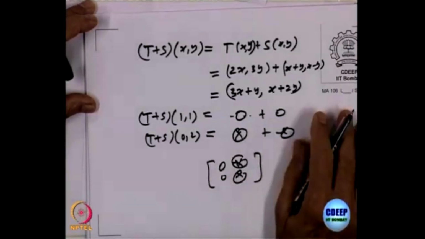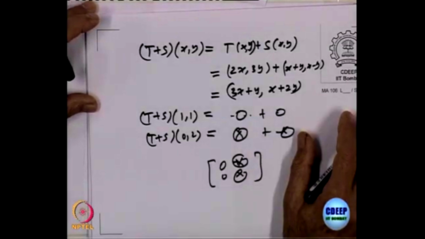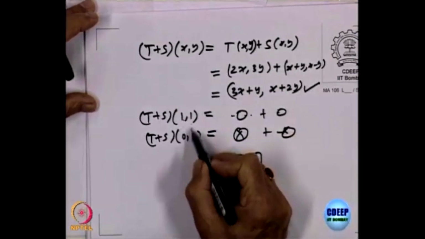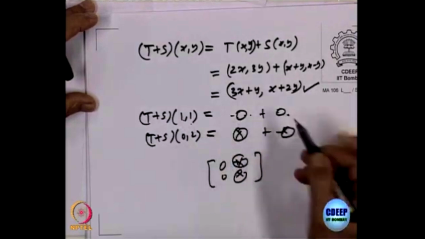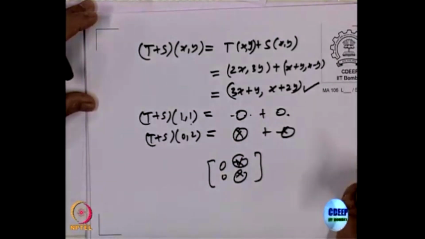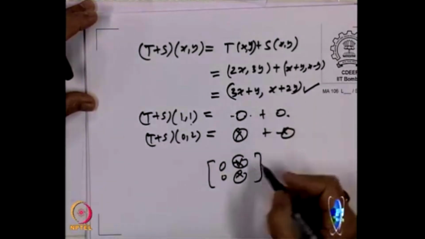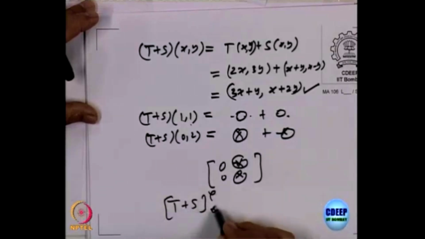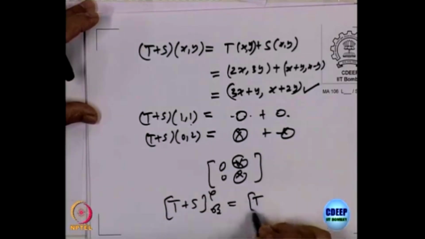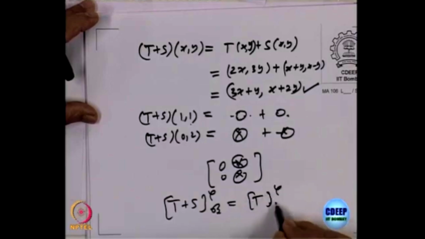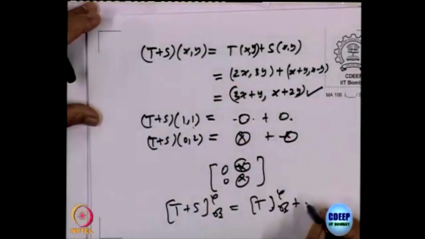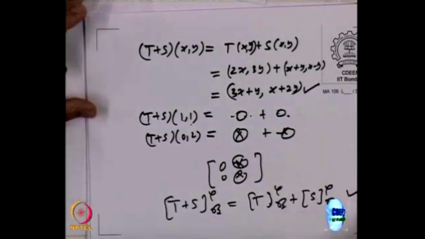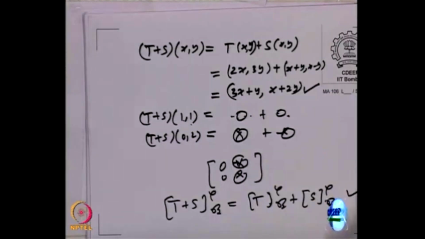I am not doing that computation; I want you to do it yourself later. According to this formula, compute T plus S of these, write them as linear combinations of elements in the codomain, which gives you the columns, and then verify that the matrix of T plus S with respect to C and B is the same as the matrix of T plus the matrix of S, which we have already computed. So verify that. That is the verification of the theorem.